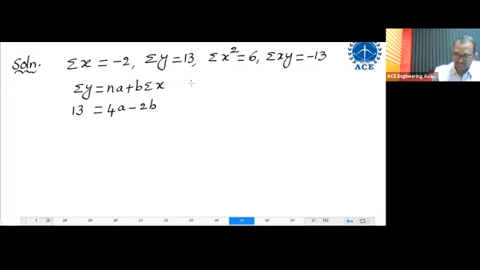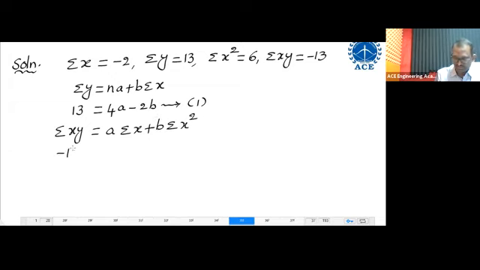Similarly, you can write the second equation: sigma xy is equal to a sigma x plus b sigma x square. Sigma xy is -13, sigma x is -2 into a, sigma x square is 6, 6b.